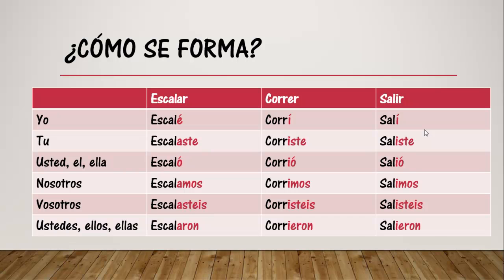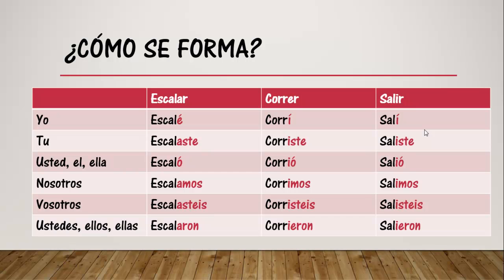For the tú form, we will add aste, escalaste. Usted, él, ella form, we will add ó, escaló. The nosotros form, we will add amos. So for example, escalamos. Vosotros form, which again we only use in Spain, we're going to add astes, escalastes. And for ustedes, ellos, and ellas, we are going to add aron, escalaron.